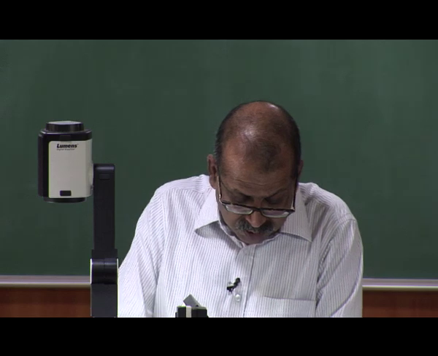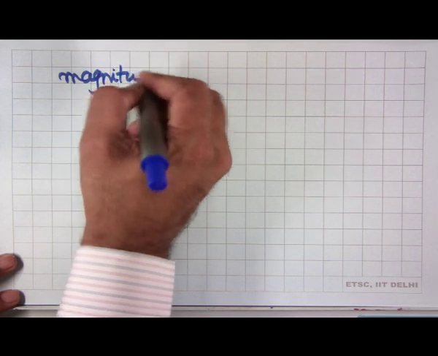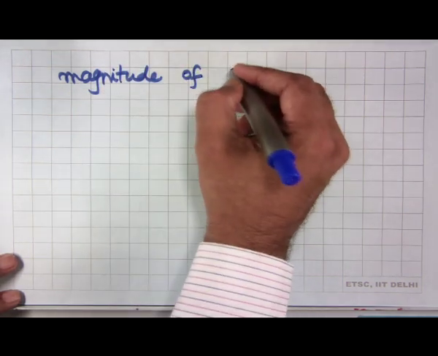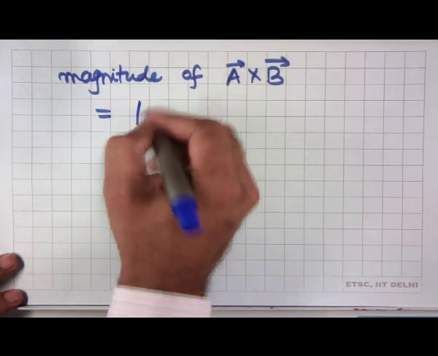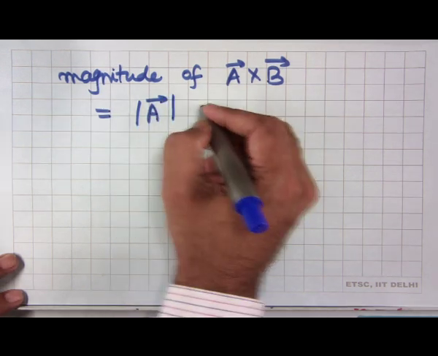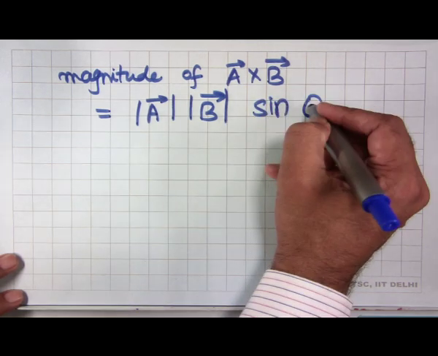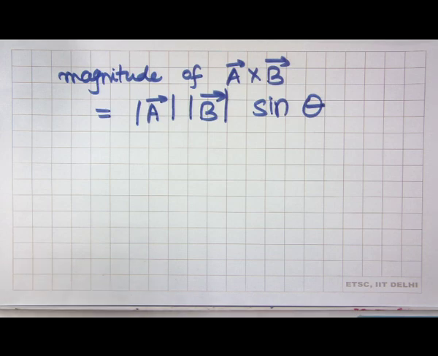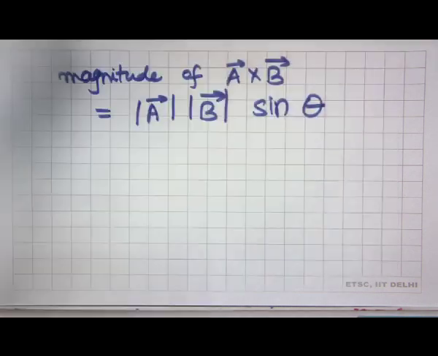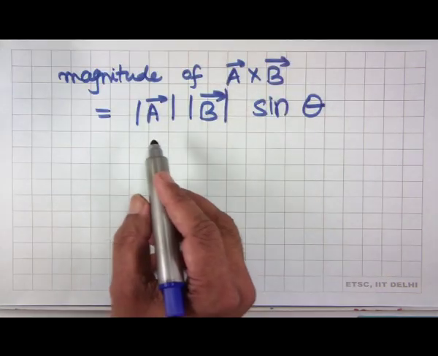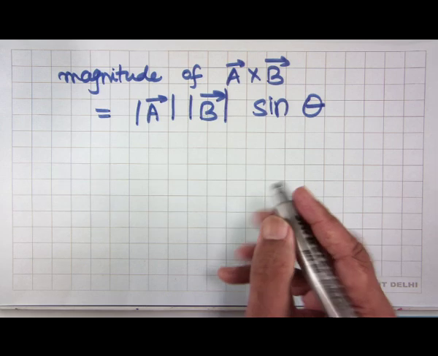So, the magnitude of A cross B will be equal to the magnitude of A times the magnitude of B times sine of the angle between A and B. So, if we call the angle between A and B theta, then the magnitude of A cross B will be equal to the magnitude of A times the magnitude of B times sine theta.